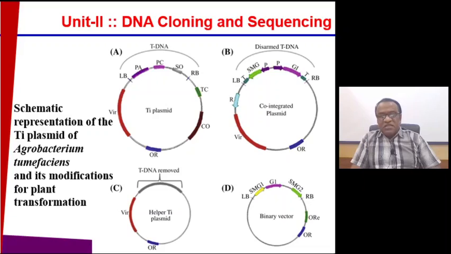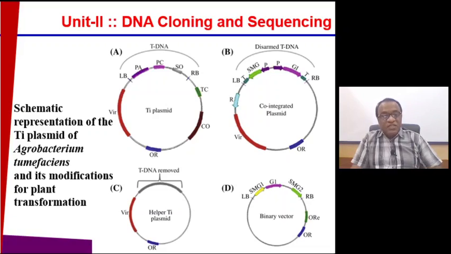Because the Ti plasmid is very large, for example approximately 2 lakh base pairs, it is very necessary to use smaller sized plasmids. They are easy to handle and very well capable of the process of transformation.